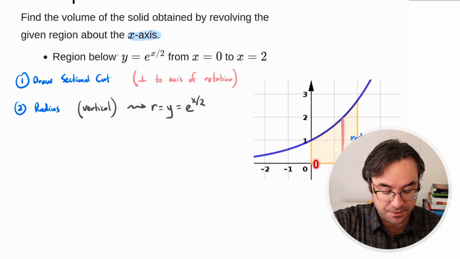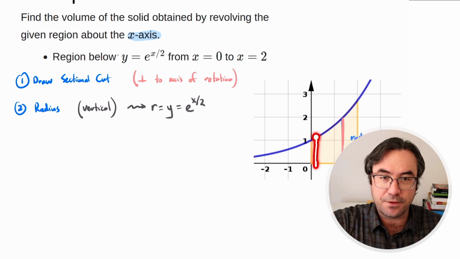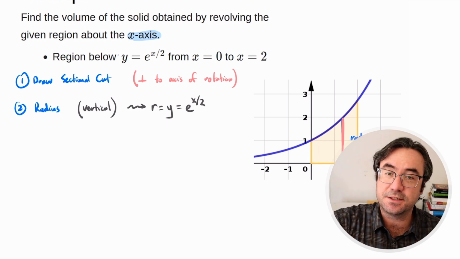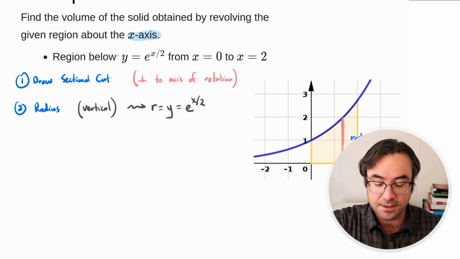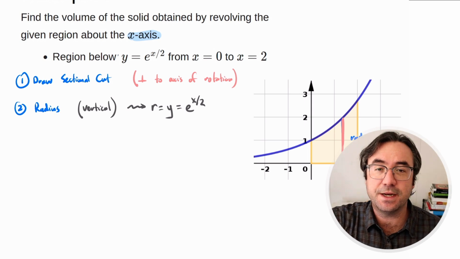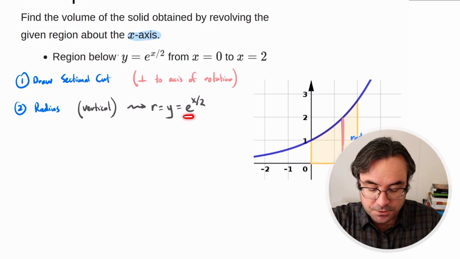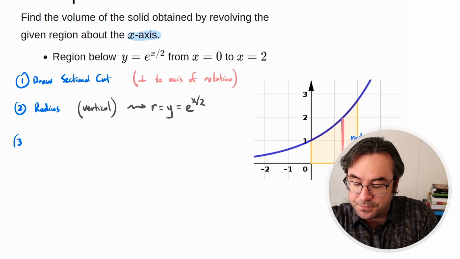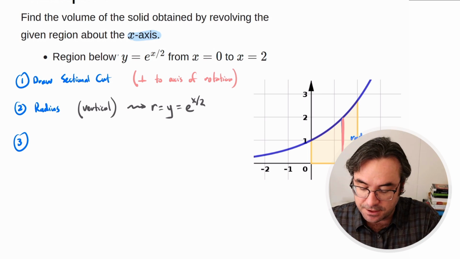If we find a particular x value and look at the corresponding point on the curve, that vertical distance is the radius of our cross-sectional cut, and that vertical distance is the value of this exponential function. Once we've identified the radius, then we're ready to figure out our area function.